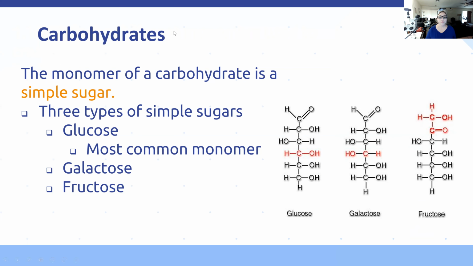So the first monomer that we will talk about for carbohydrates is called a monosaccharide. Let me write this down for you here.